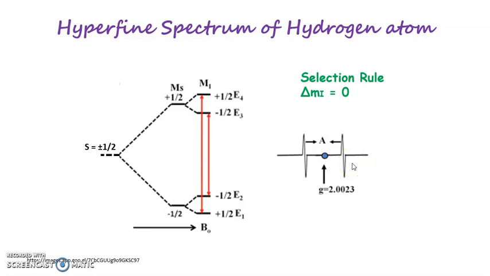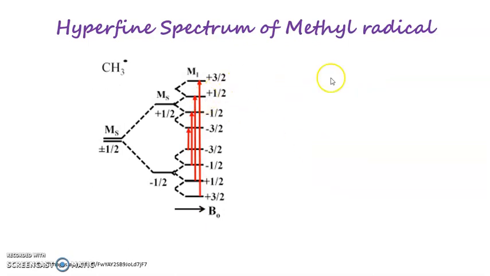Next, I will move on to the hyperfine spectrum of the methyl radical. The methyl radical contains an unpaired electron with S equal to half and 3 equivalent protons.